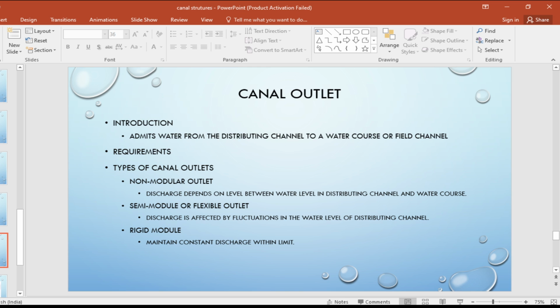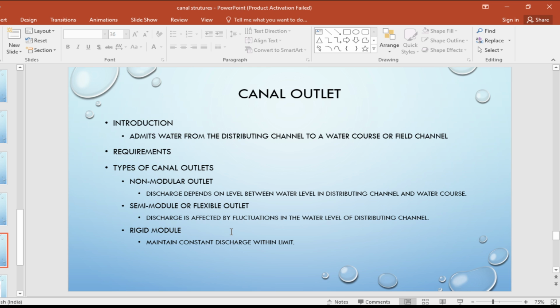Okay, now second type is your semi module or flexible outlet.